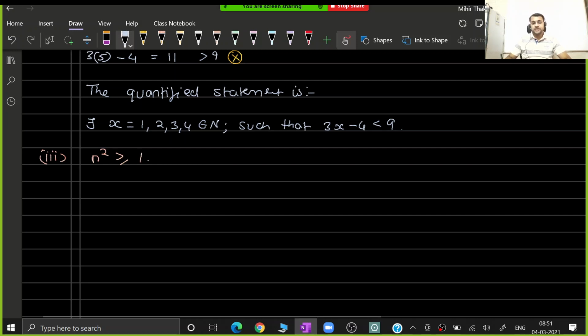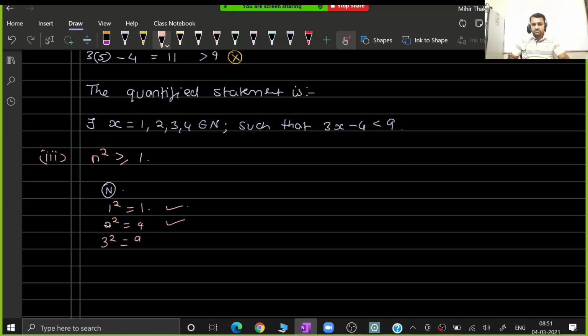Once again, let us check if all natural numbers satisfy this condition or only a few natural numbers will be satisfying this particular condition. So here I consider the different natural numbers. 1 square is equal to 1, satisfied. 2 square is equal to 4, it is greater than 1, so it is also satisfied.